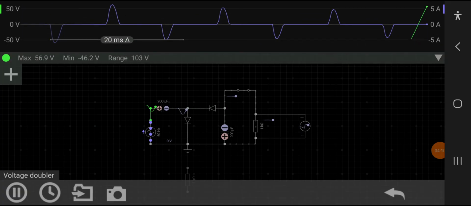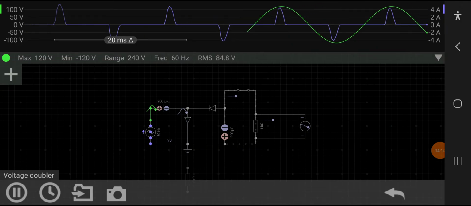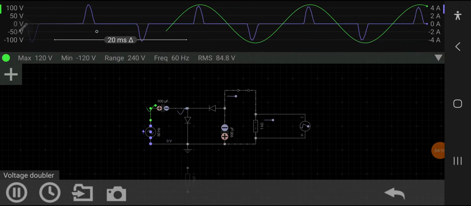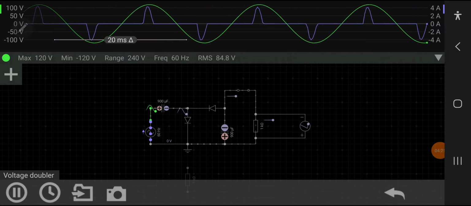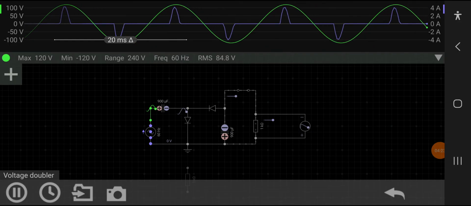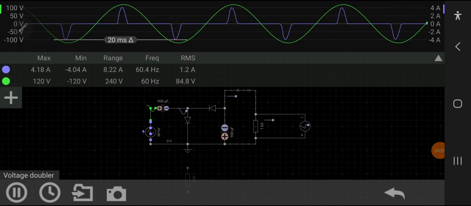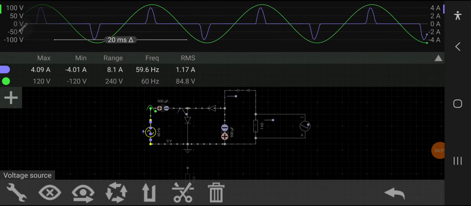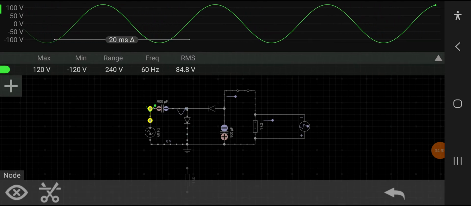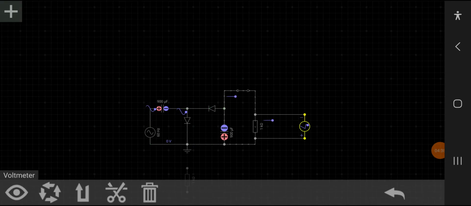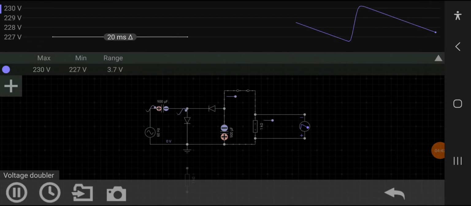Now this was the value of the current, and this is the input voltage of peak value 120. Now what happens when we start seeing the output of this circuit?